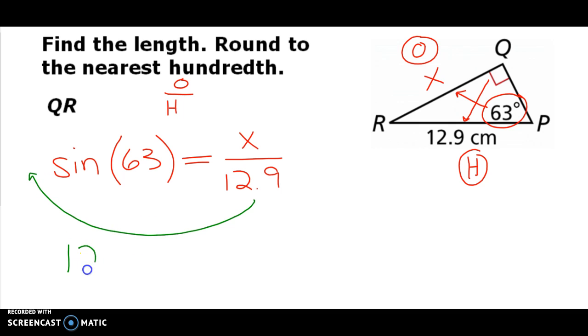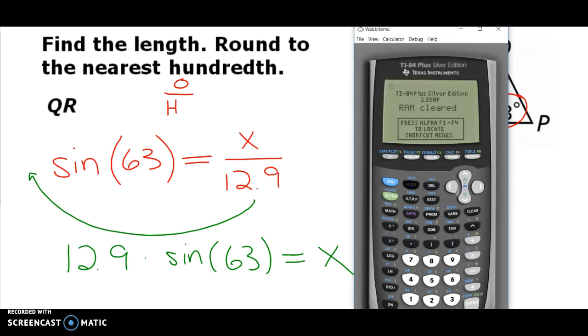So then we'll have 12.9 times sine of 63 is equal to, now X is by itself, if you multiply the 12.9 over. So multiplication. So this time in your calculator, you don't have to do this each time. Yours will stay in degree mode, but every time I open my program, it puts it back.